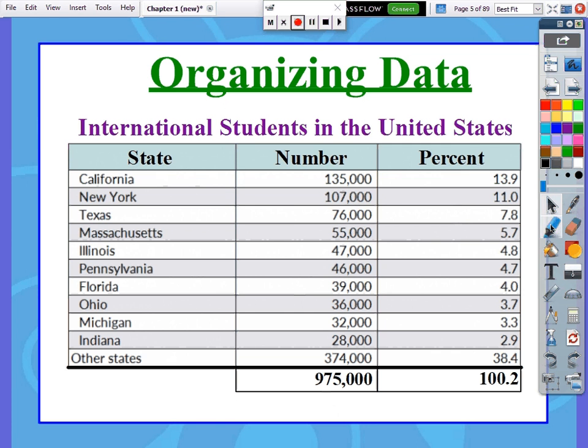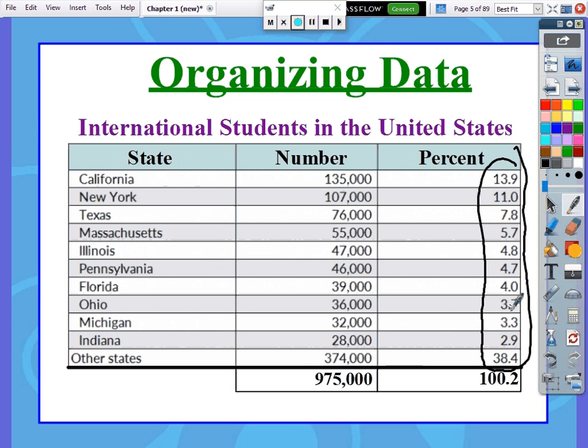Now, one thing you might notice in particular that seems kind of off here is, how come the percent is 100.2? Shouldn't it be exactly 100.0%? That would be a good thing to question. The main reason why this is 100.2% instead of just 100% flat is all of these percentages have been rounded, if you notice, to the nearest tenth. And because of those roundings, it causes some slight fluctuation.